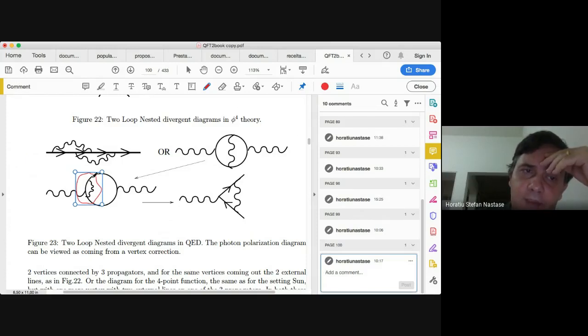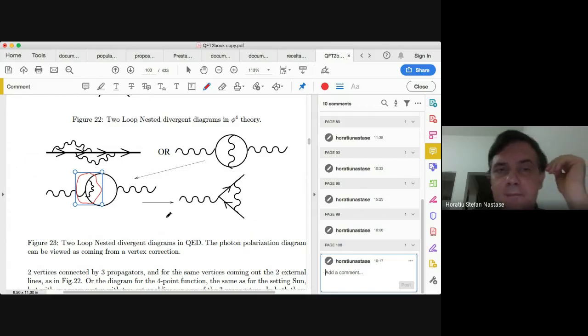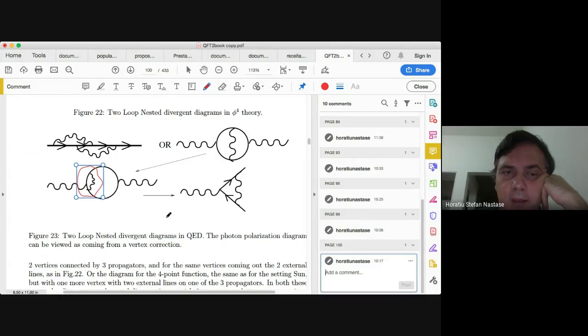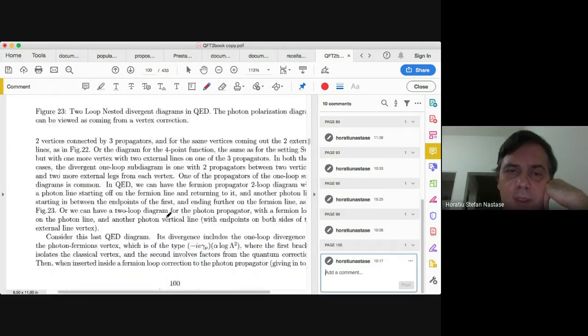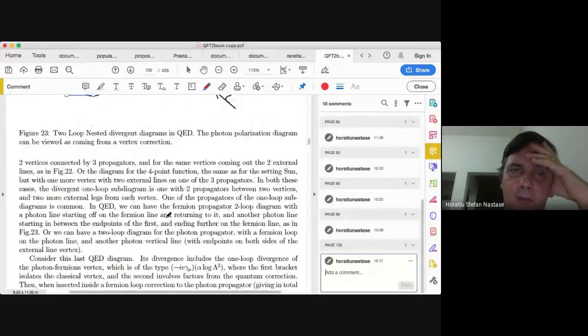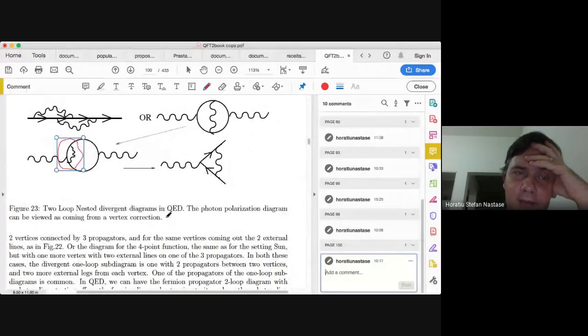So the divergence shares a propagator. Well, shares this whole propagator.